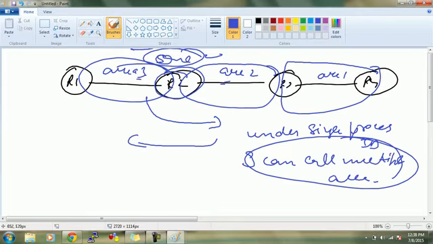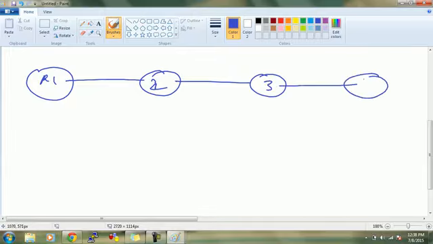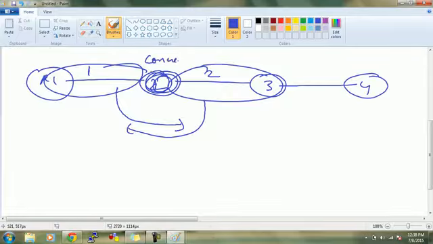So what I am trying to tell you here is R1, R2, R3, R4. Area 1, area 2. This router will only give one area's information to the other area if it is connected to area 0.